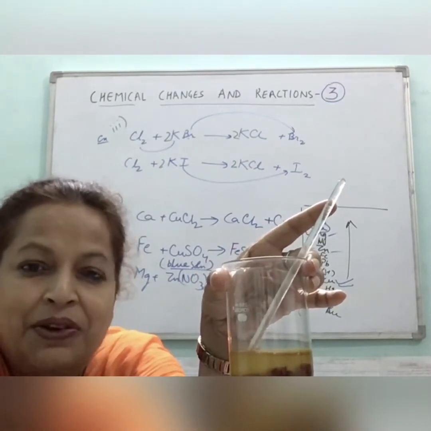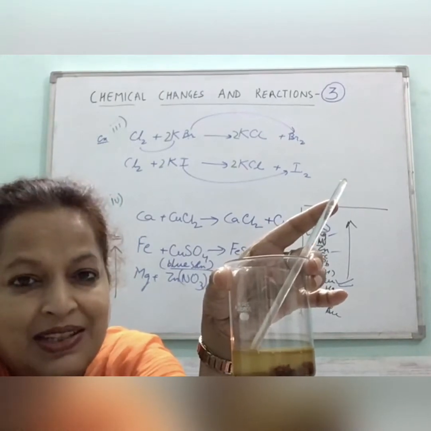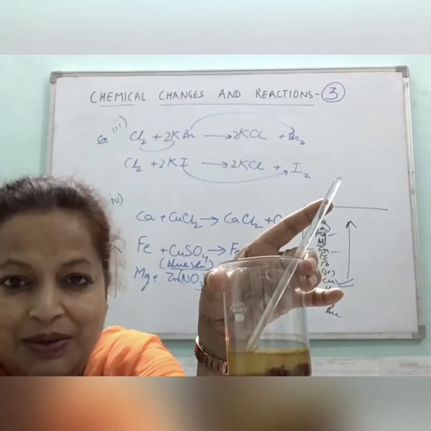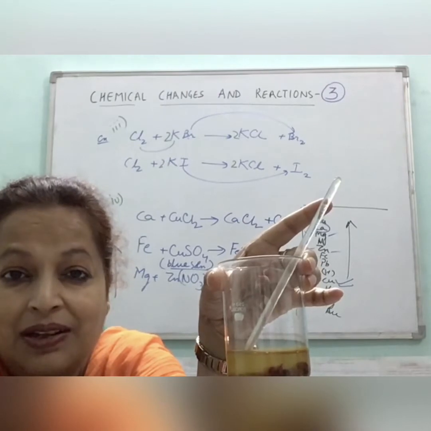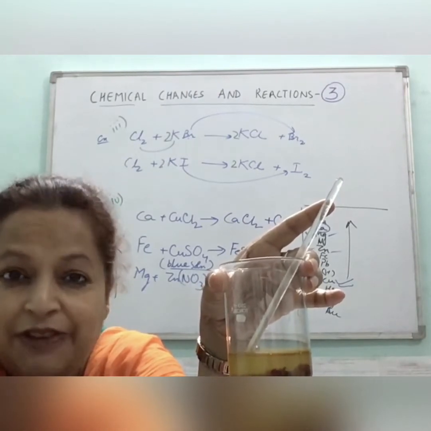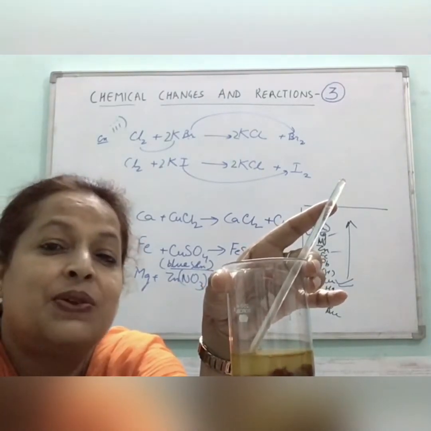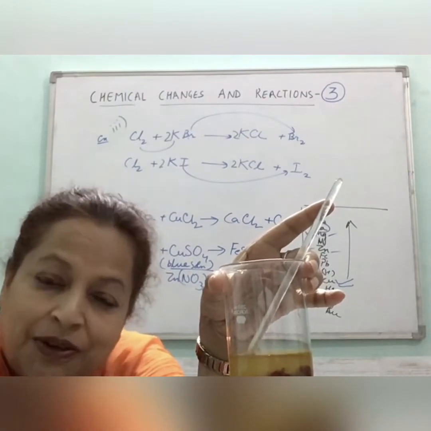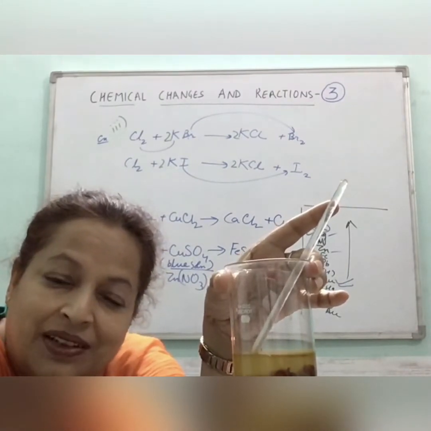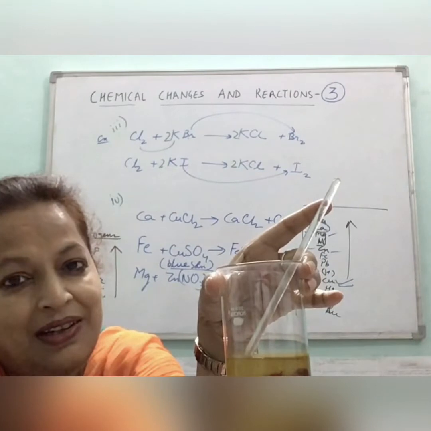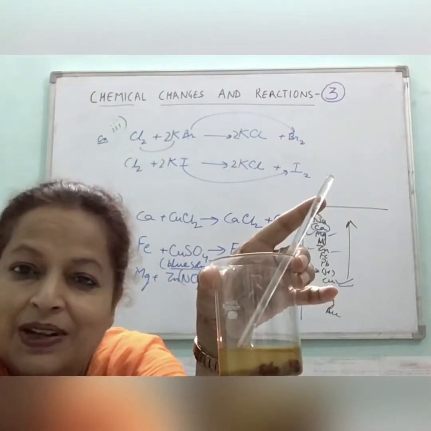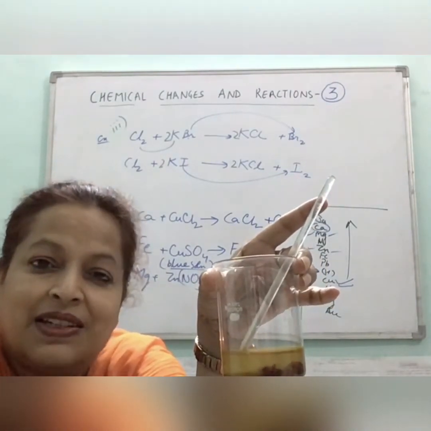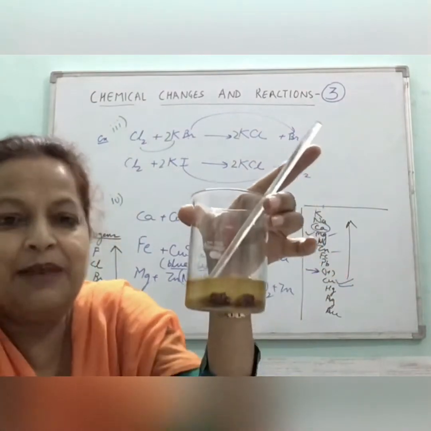But if you leave it out for some time, what happens? Its edges start to turn brown because the iron present in apple is in ferrous form and it slowly gets oxidized and converts to ferric form. Ferric is brown in color and ferrous is green in color. So ferrous very quickly in air gets converted to ferric. That is why you can see the brown shade.